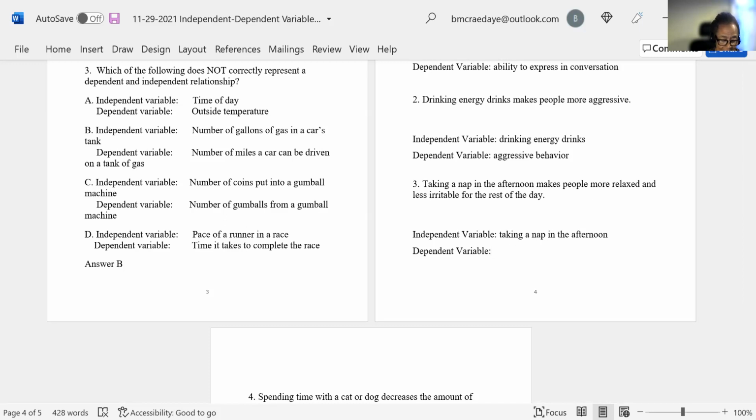When you take a nap in the afternoon, you get more relaxed the rest of the day. Okay, so the dependent variable is relaxed and less irritable. So being relaxed and less irritable is dependent upon taking a nap in the afternoon. Very good, Maureen. You're doing good.